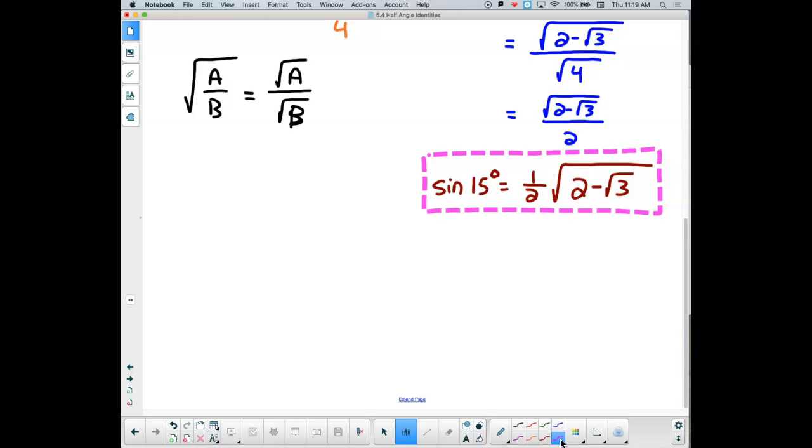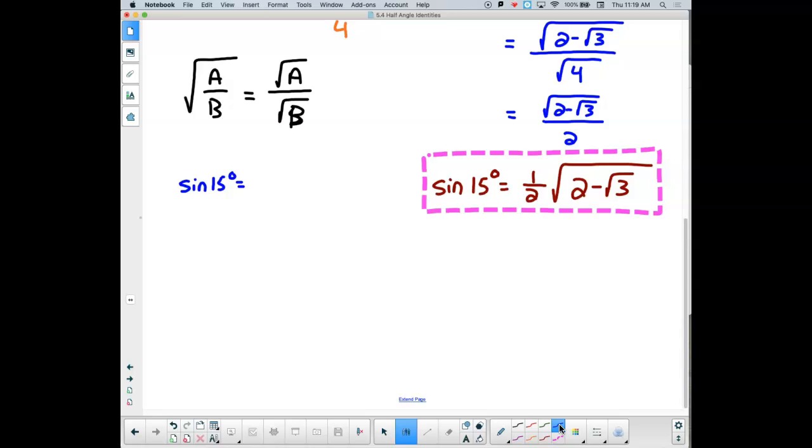Which, if we do the sine of 15 degrees on a calculator, what would we get? Sine of 15 degrees is... Anybody?